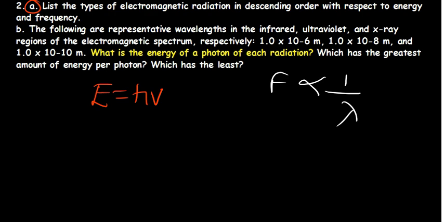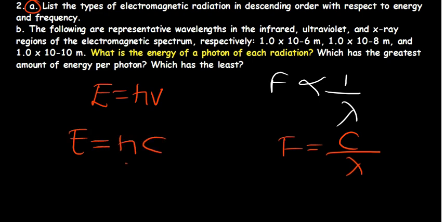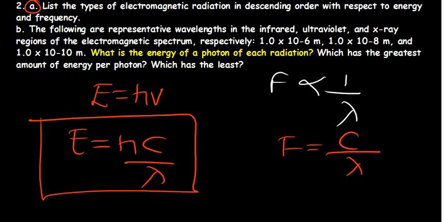This formula can be combined using the constant of the speed of light. If we substitute in Planck's formula, where there's a frequency, we can also put the speed of light over wavelength. So this is another form of equation that you can use.